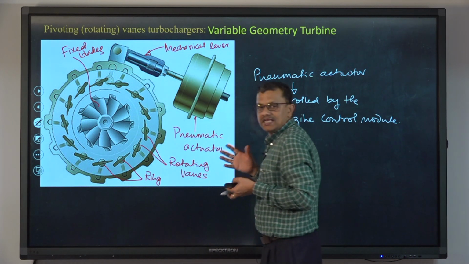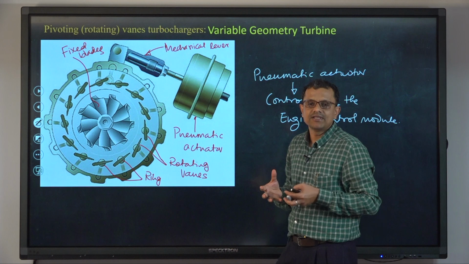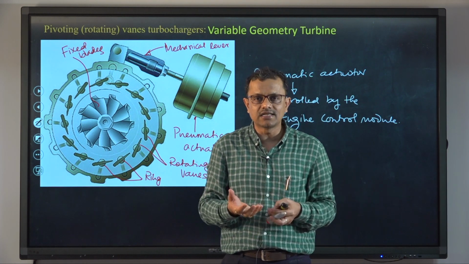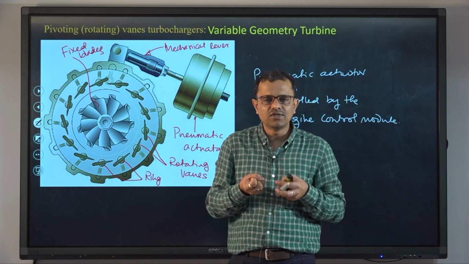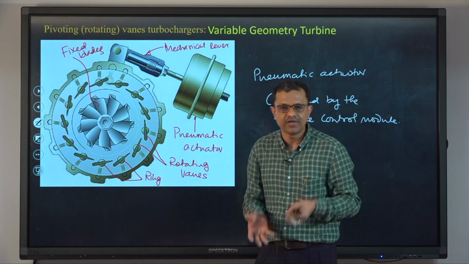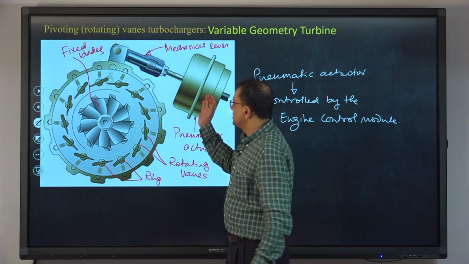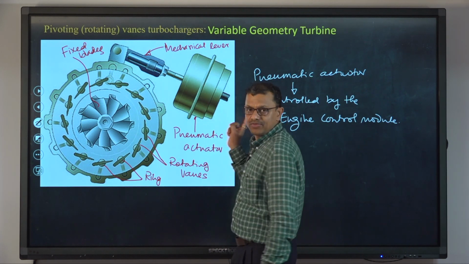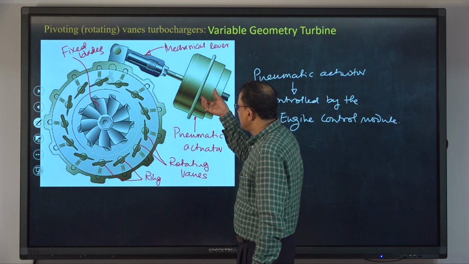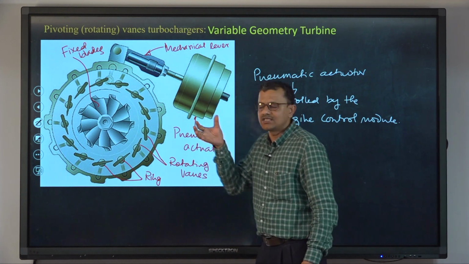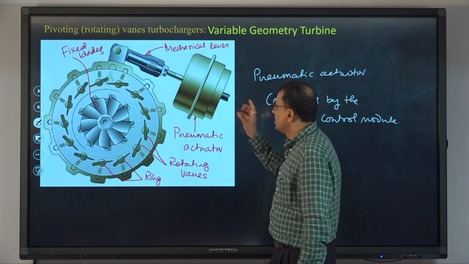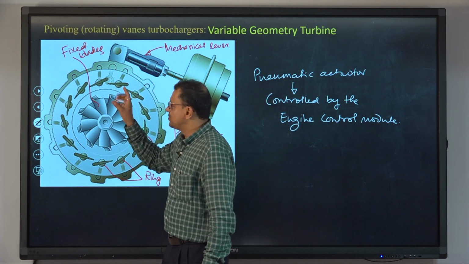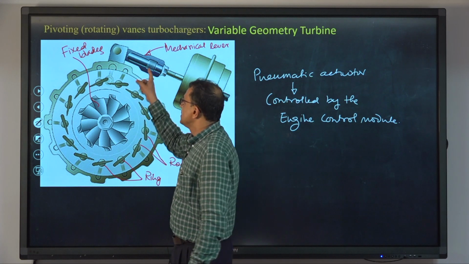If the engine speed is high, as I told you in the previous class, when the engine is suddenly accelerated, or if we need to develop more power, the engine speed will increase, then this engine control module will operate the pneumatic actuator. The air pressure inside this pneumatic actuator is controlled by the engine control module.